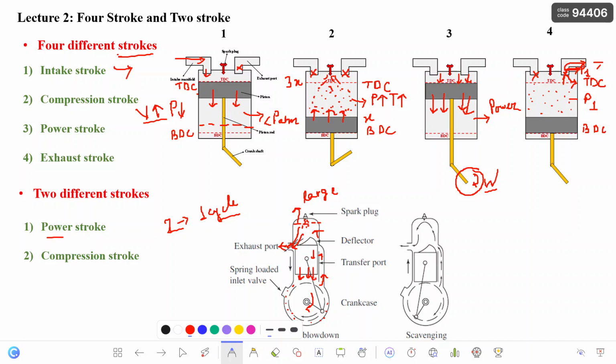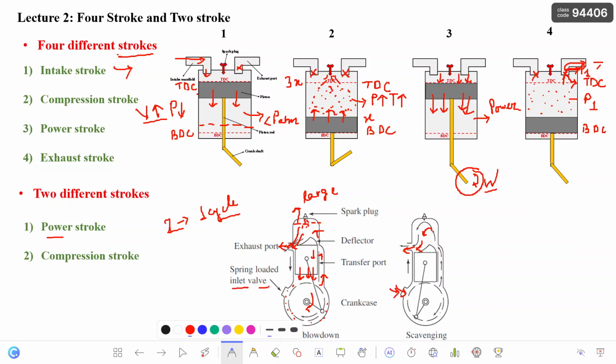Then, as this compressed gas moves to the cylinder head, the rest of the combusted gases are pushed out by the fresh compressed charge. Now this port will open. This is the inlet port.